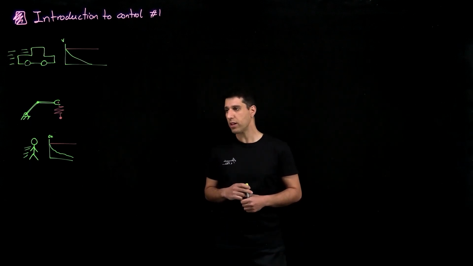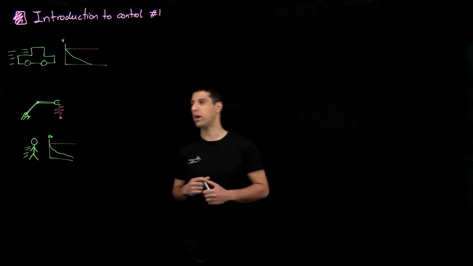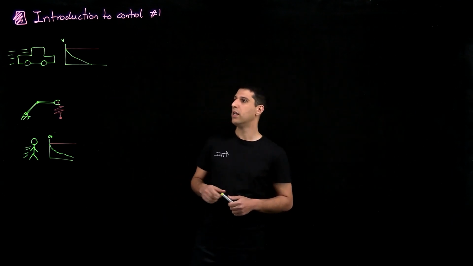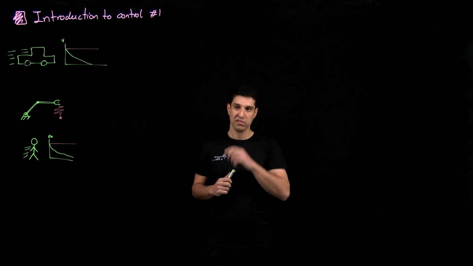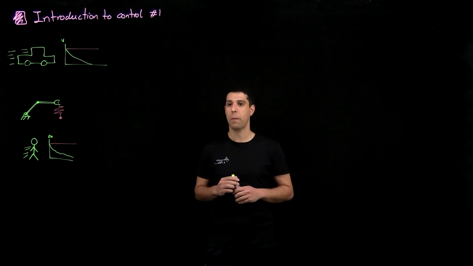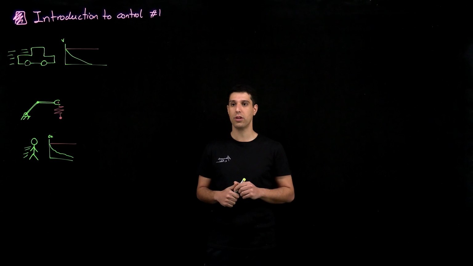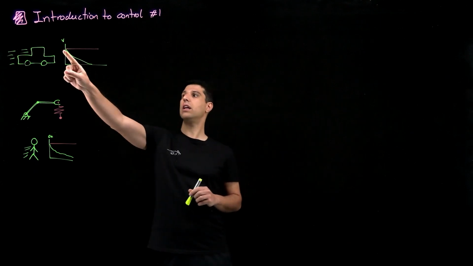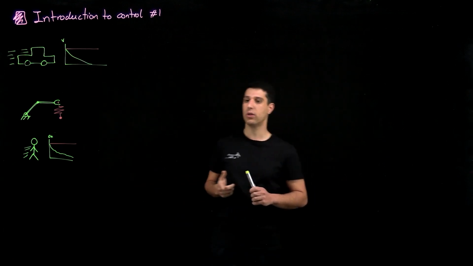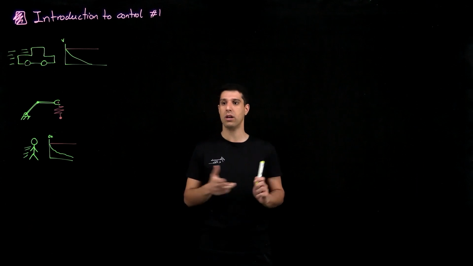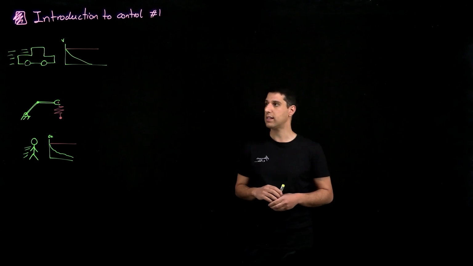controller. So just to begin, I have a few examples here of what we mean by control and what the goal of control is. So in the first example, you can imagine a car going on a highway. At some point it has a certain velocity. The car itself, if you put your foot off the gas pedal, given the initial condition, the car velocity tends to slowly decrease because of the rolling resistance in tires, aerodynamic drag, or many other sources of energy loss that exist in the car.